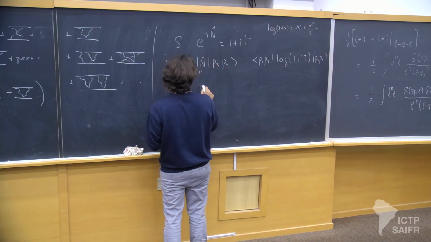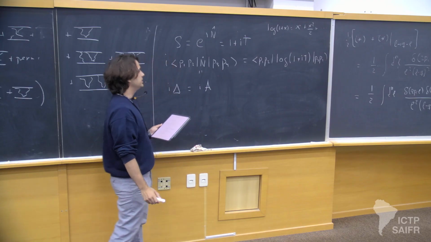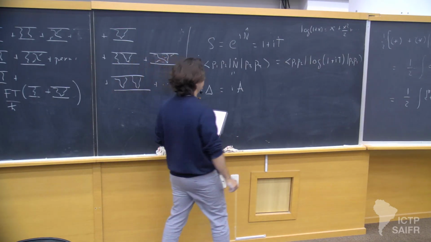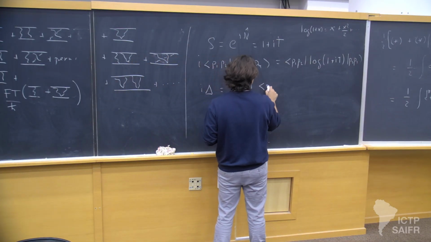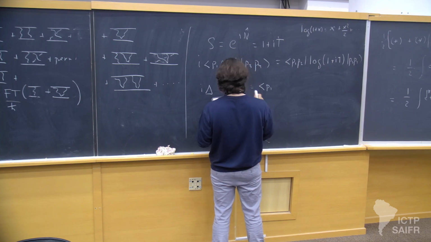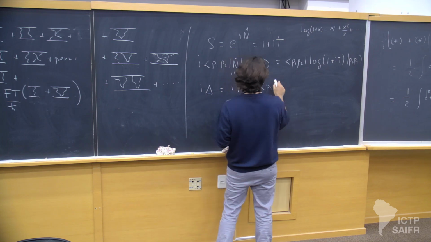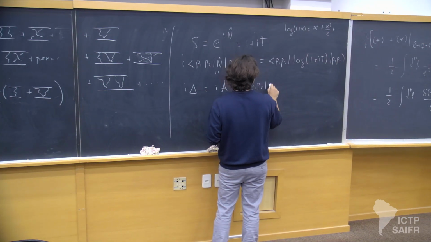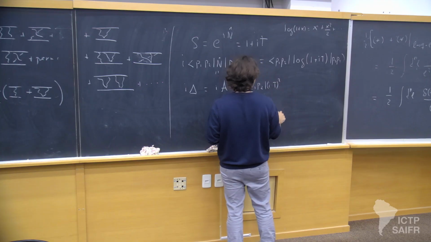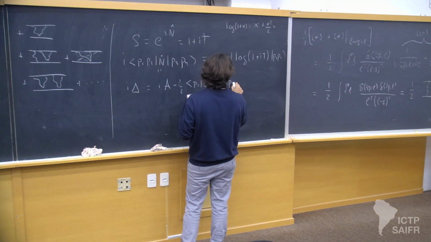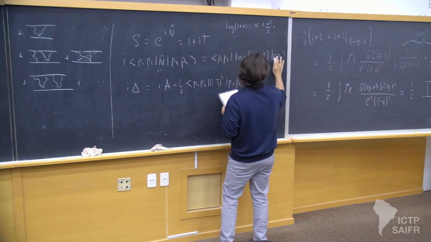So the leading term will be I times the amplitude. But then there will be something that looks like minus 1/2 P1, P2, IT squared, P3, P4.